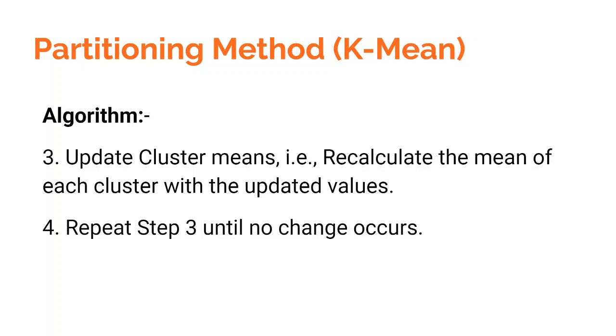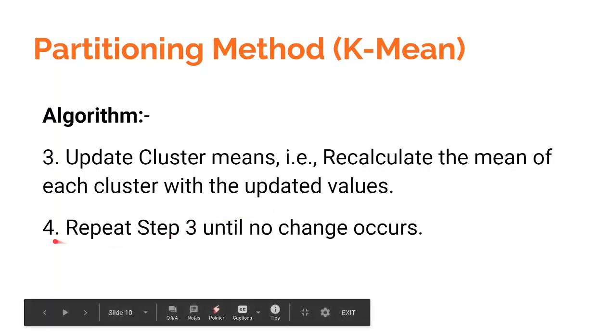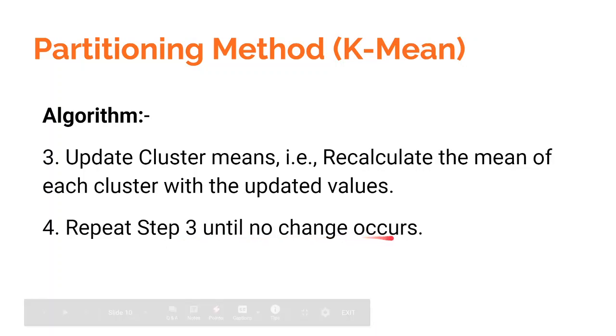Again I will arrange the data in the cluster based on the mean value and update the cluster value. I need to repeat step 3 until no change occurs. It means unless and until we get the final data set in the cluster, we need to repeat step number 3.